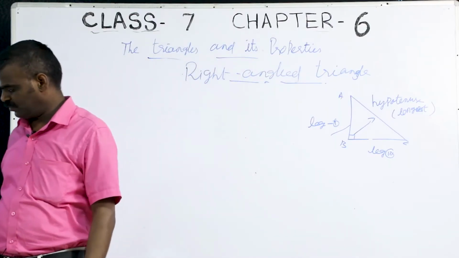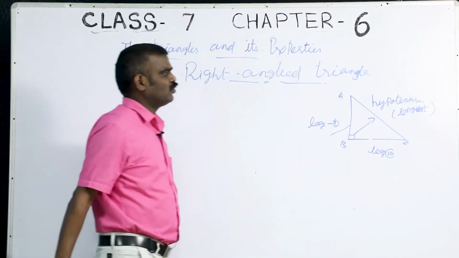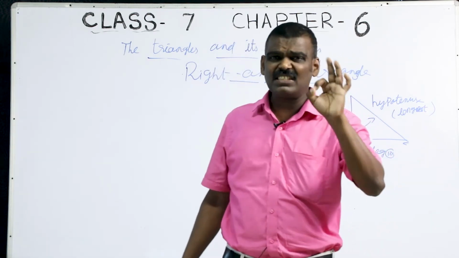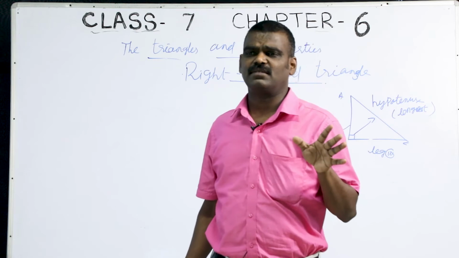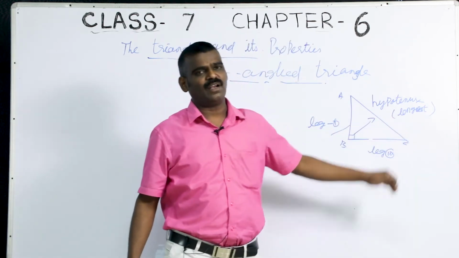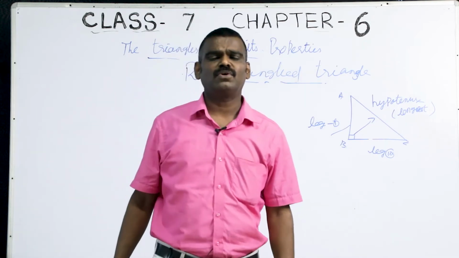According to the Pythagoras theorem, the longest side is always from where? Opposite to 90 degree. The longest side is always opposite to 90 degree.